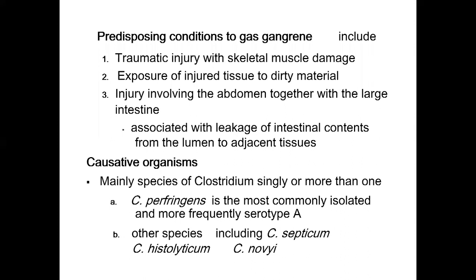So you have traumatic injury with skeletal muscle damage, then that injured part, including the muscle, is exposed to dirty material. We're going to mention the kind of material we are referring to. Injury can also involve the abdomen, especially where that injury causes damage to the large intestinal wall. If that is damaged, then there's leakage of intestinal contents, which contain the organisms from the lumen to adjacent tissues. So one will end up with this condition developing in the abdomen.